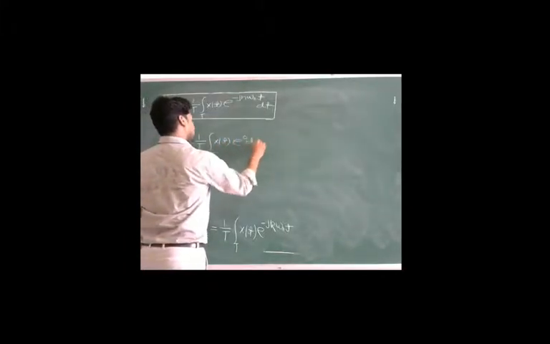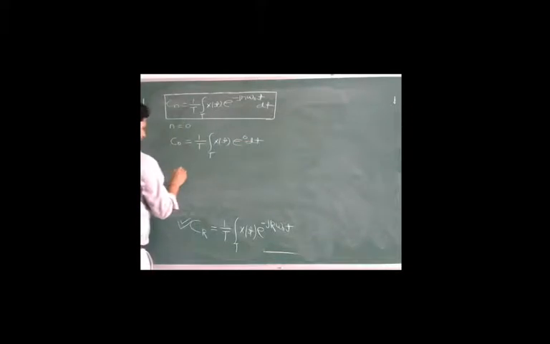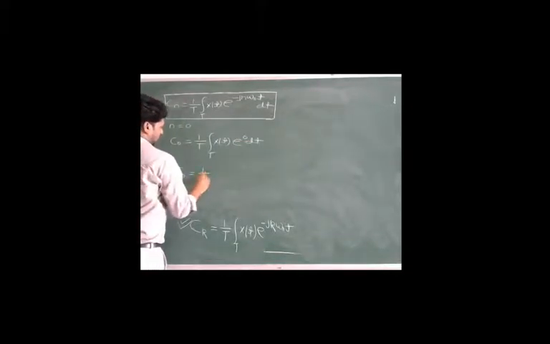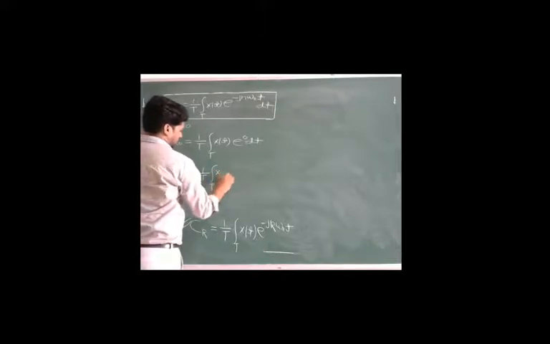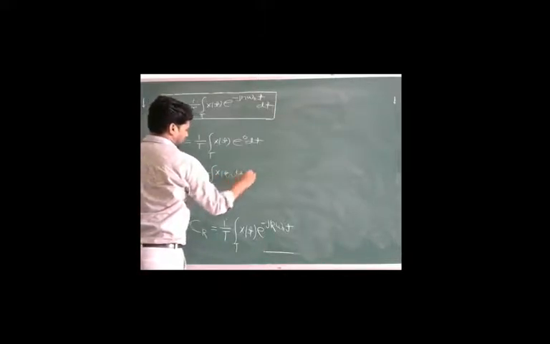If we want to find the value of C naught, then we will put n equal to 0, and C naught will become 1 upon T, integration over one time period of x(t) e to the power 0 dt. This becomes C naught is equal to 1 by T, integration of the signal x(t) over one time period.